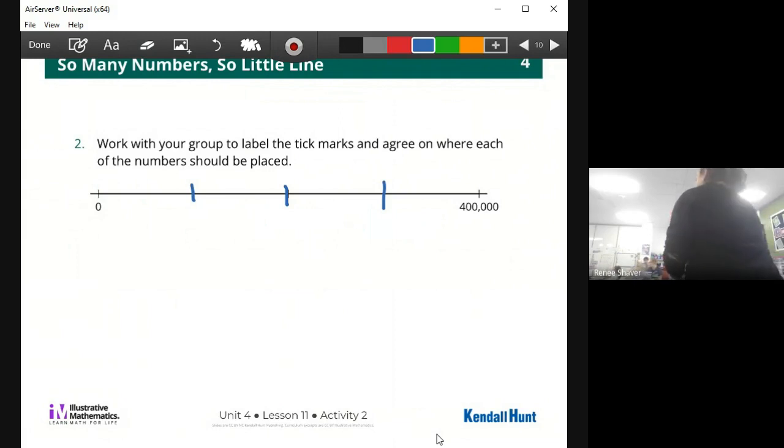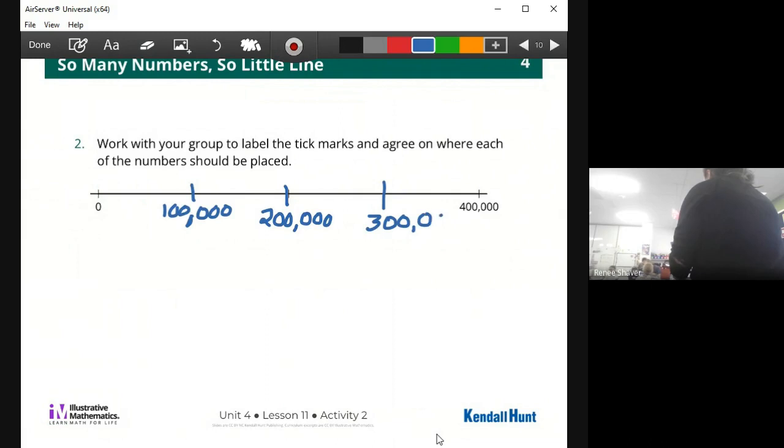Madeline. So I would say, you are correct. I would say 100,000, 200,000, 300,000. And then there's 400,000, right?